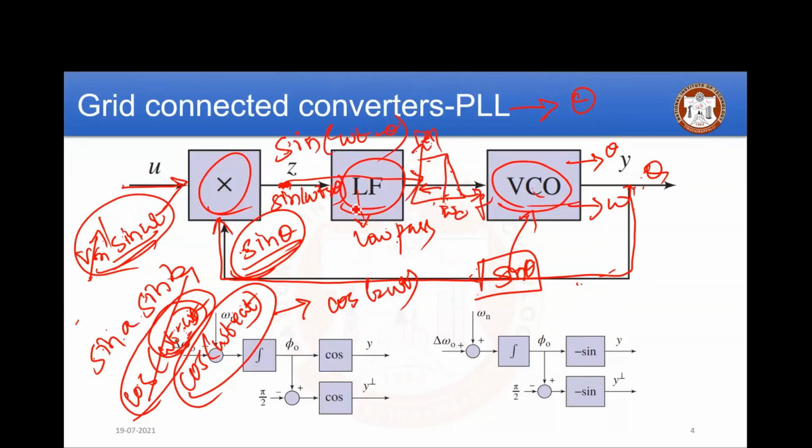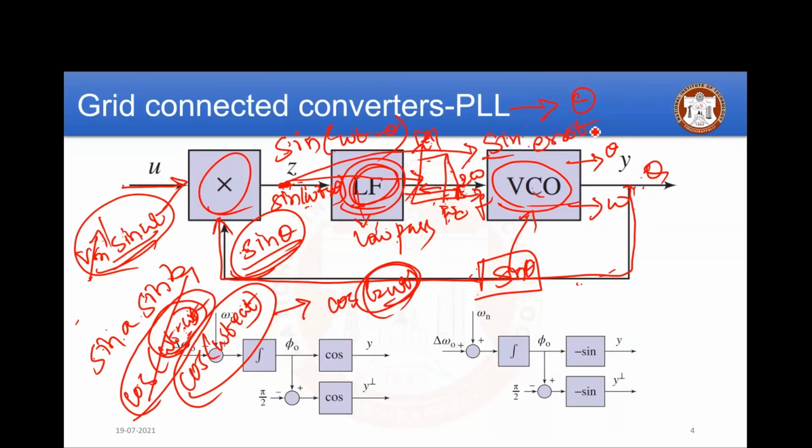So I will choose this low pass filter such that this double frequency term is eliminated. That means I'll choose this omega c somewhere, and the 2 omega terms will come somewhere here. Assume that it is almost mitigated, and you got the sine of theta minus theta. This is a small error.